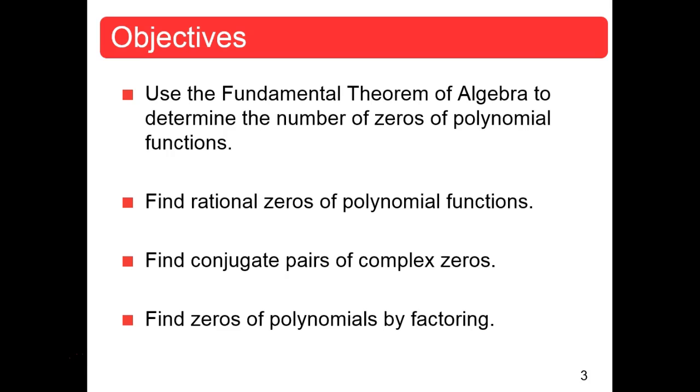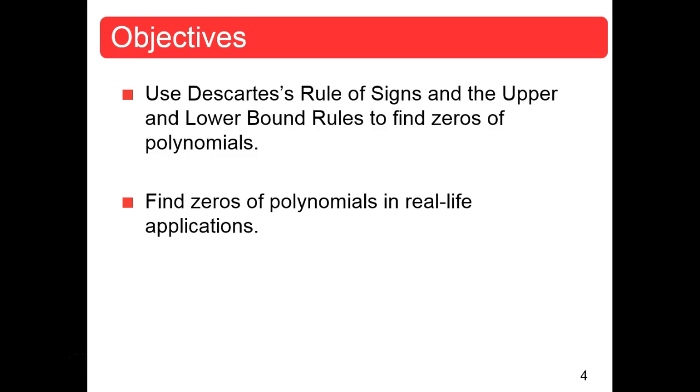And guess what part of that factoring will be? Synthetic division. That's why we did that. We'll use Descartes' rule of signs to determine how many possible positive and negative zeros you have. We'll use the upper and lower bounds to find when you can stop looking for zeros of polynomials. And we'll find zeros of polynomials in some real-life applications.